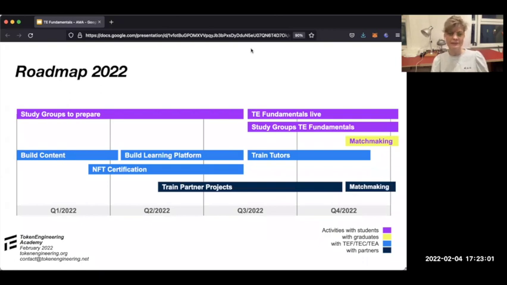And last but not least, the dark items are activities together with our partners, TE Commons, One, KX, and more to train them, because we've learned that as a token engineer, sometimes it is a challenge, not only because token engineering is hard, but because we are missing knowledge also in the crypto projects, like how to integrate the token engineering process in the whole overall roadmap of a crypto project.